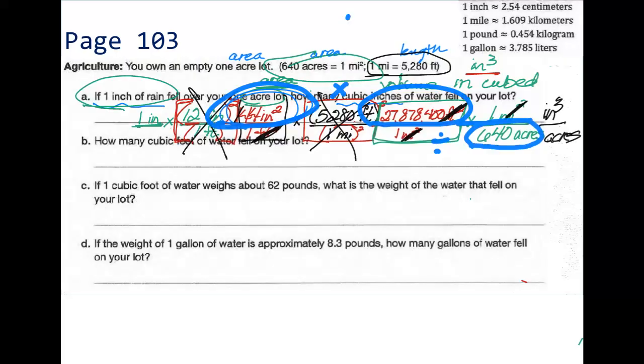All right. The answer, I believe, should start with a 6. Does it start with a 6? Yes. Okay.